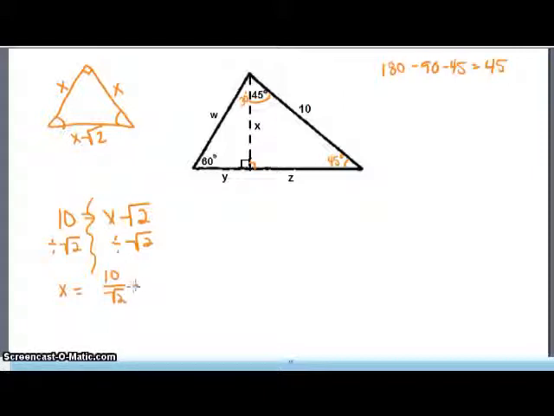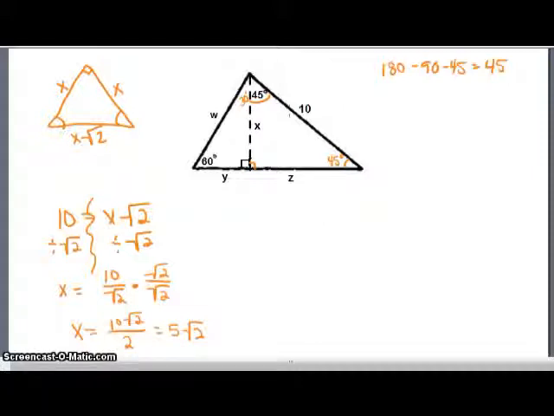And so just like we did in the last video, I'm going to rationalize the denominator because we don't want an irrational number down there. So you would get that x is equal to 10 times the square root of 2 all over the square root of 2 times the square root of 2, which is 2. And then simplify. 10 divided by 2 is 5. So you get 5 root 2 for x and z.